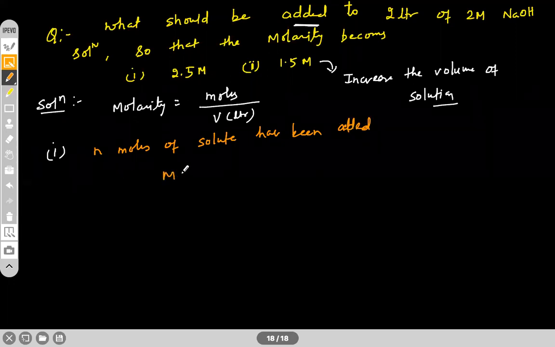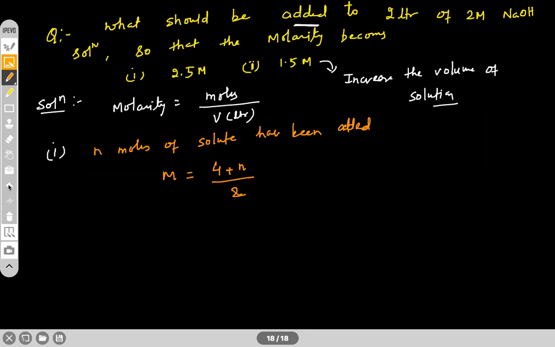So molarity is equal to what we can write? Number of moles, initially it is what? Initially it is molarity into volume. So we have 4 moles initially. And in this we have n moles of solute also added, divided by volume, which won't change. It is 2 only, right?